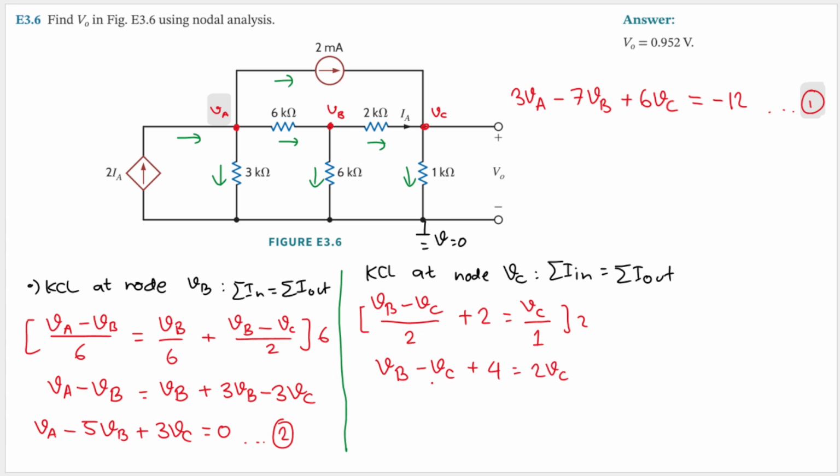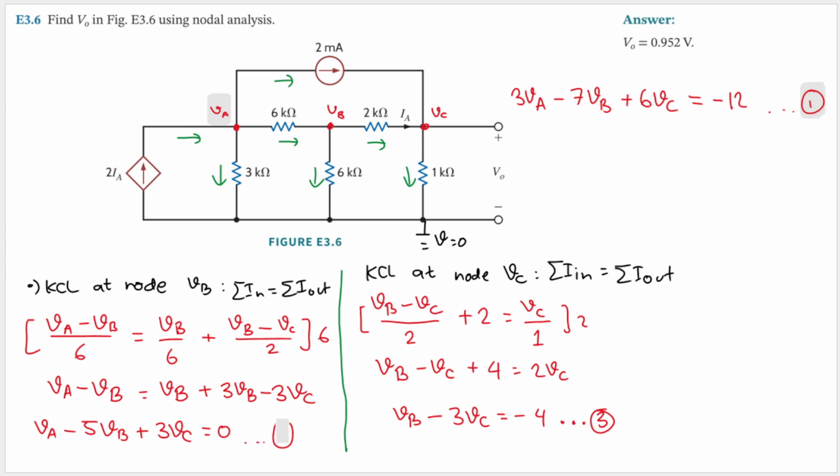And here we will have VB minus 3 VC is equal to minus 4. Okay, and then let's save this as equation number 3.